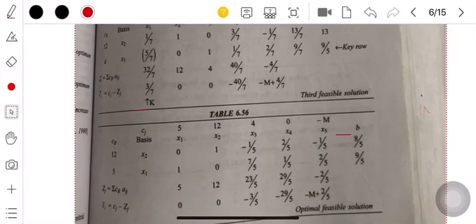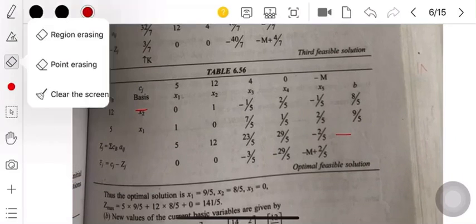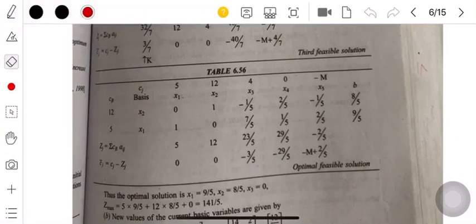So in the next part you can see all the values of Cj minus Zj are either 0 or negative. So we have achieved the optimal solution. This is the optimal solution: x1 equals 9 by 5 and x2 equals 8 by 5. Okay, so this is our optimal solution for this given problem.